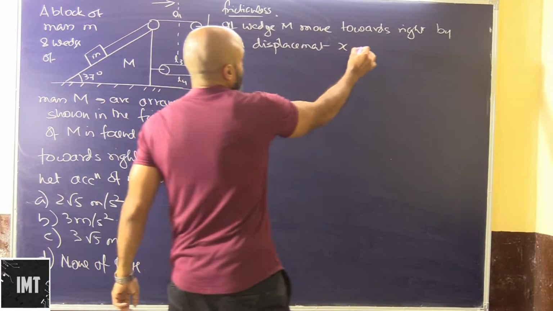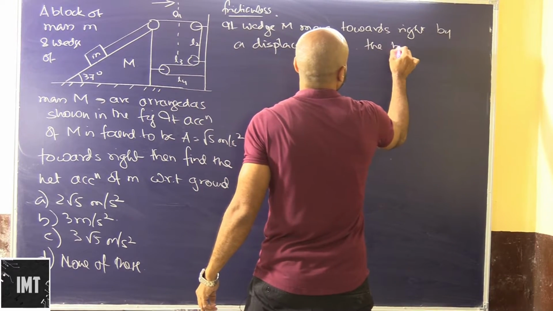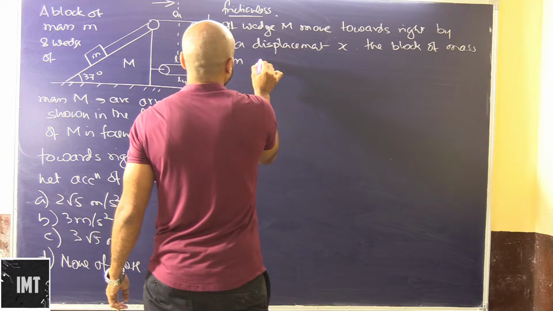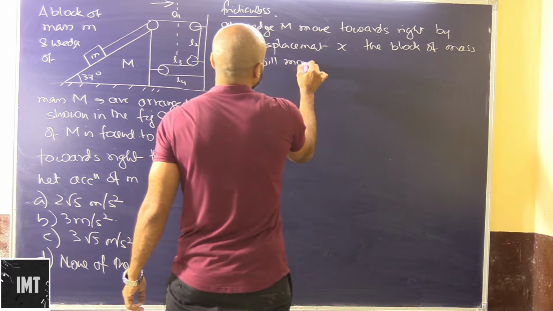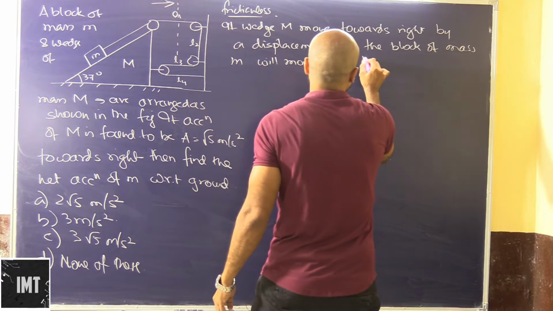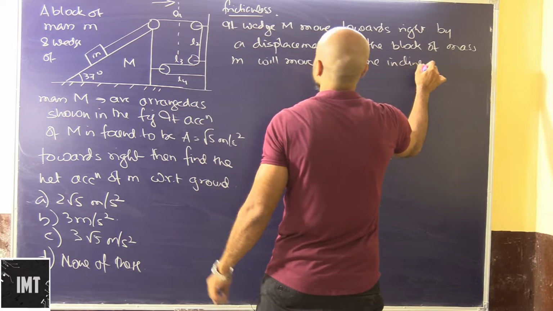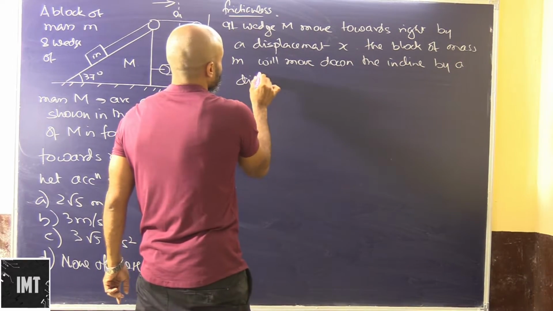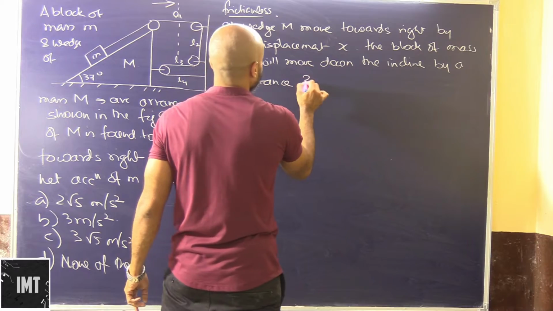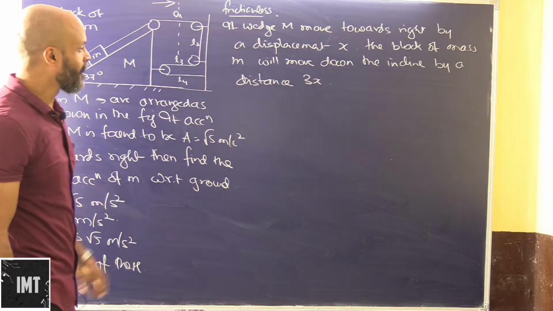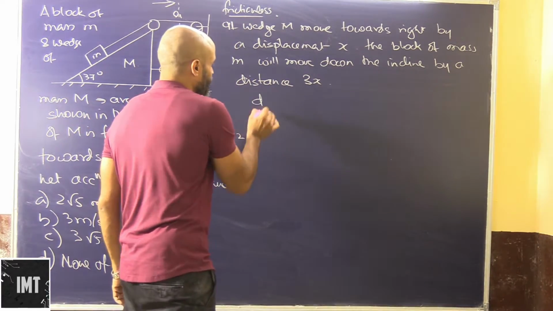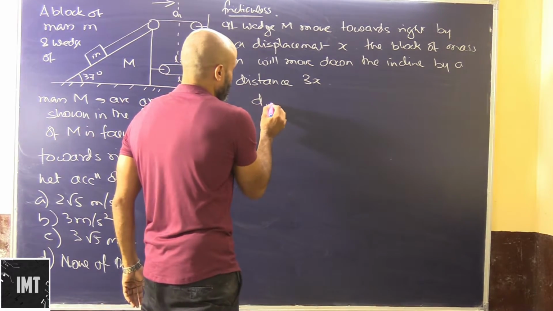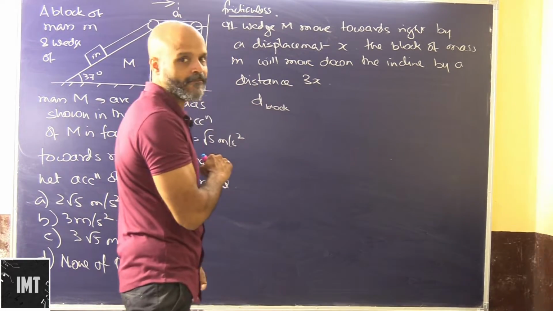So the block of mass m will move down the incline by a distance 3x.